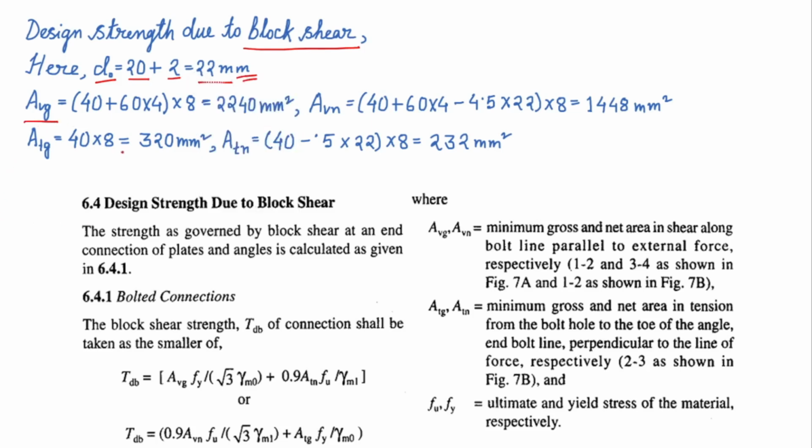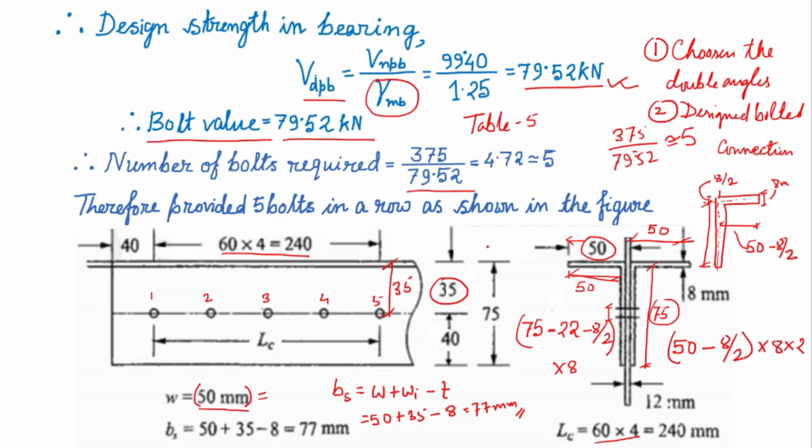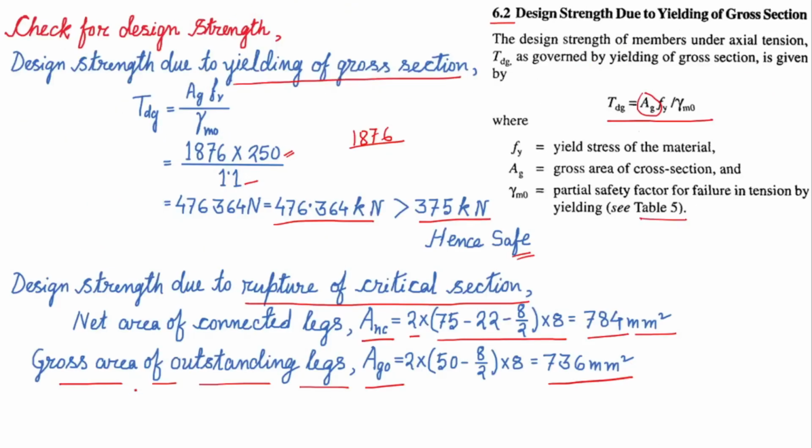Next, AVZ and AVN. Their definitions are given in the IS code. If I explain with the figure, it will be more clear. If you see the figure, here 1, 2 and 3 will be the failure plane for the block shear. AVZ and AVN we have to calculate.